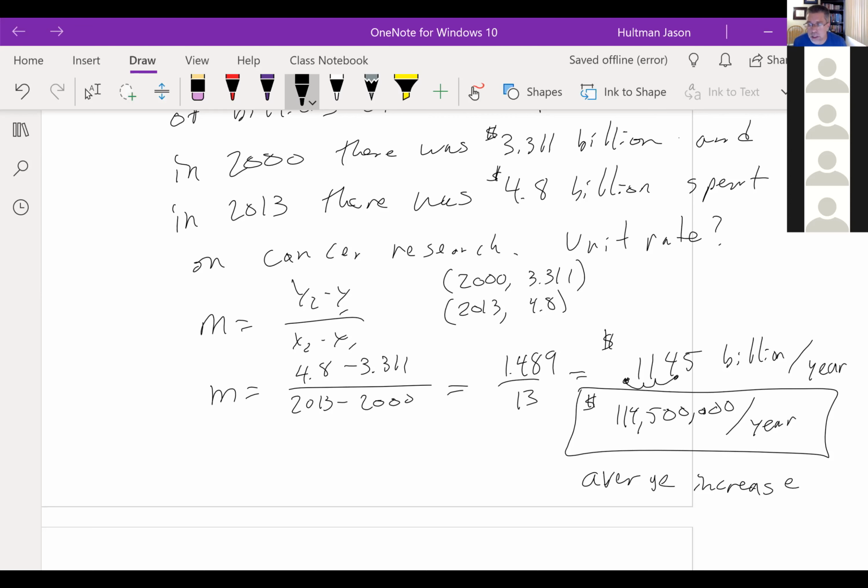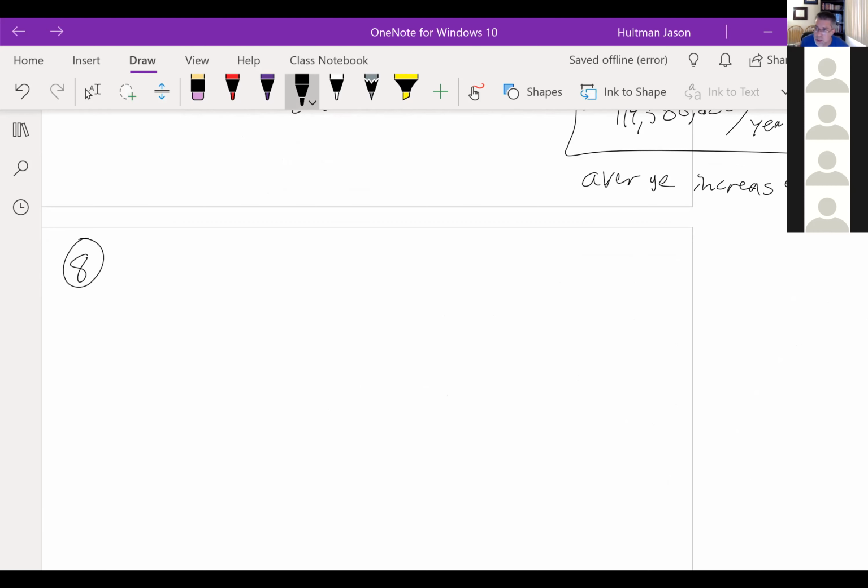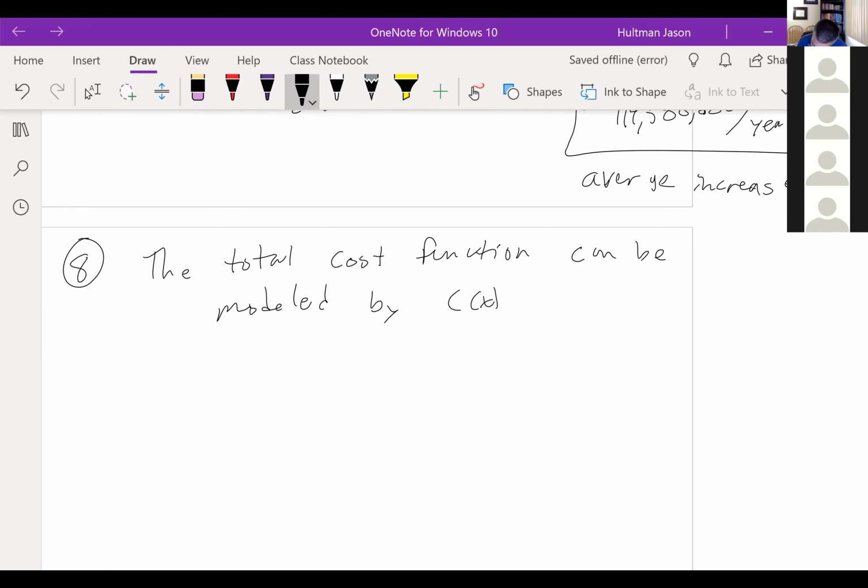Okay, let's do a business application, because that's what this is all about, right? It's all about the business. Let's get down to business. Okay, the total cost function can be modeled by C of x, which is equal to the variable costs plus the fixed cost.